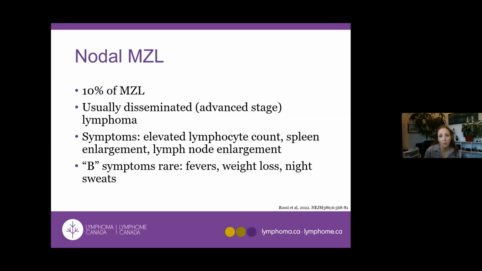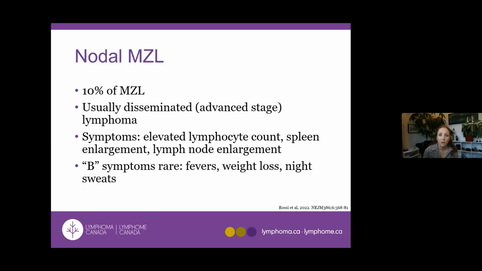So this makes up 10% of marginal zone. This is more like a classic indolent lymphoma that you would think about. It's frequently advanced stage. You can see an elevated lymphocyte count. They can also have spleen enlargement, lymph node enlargement.